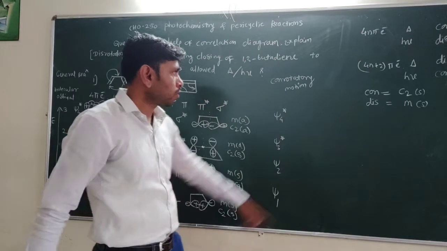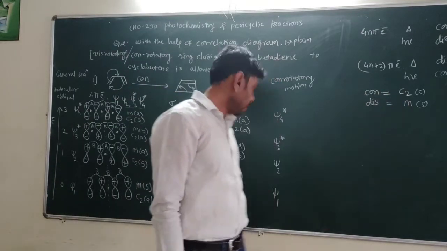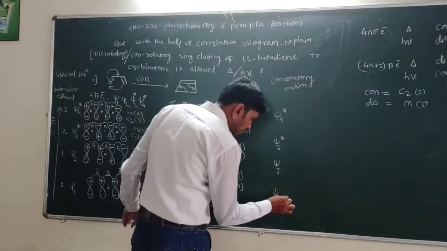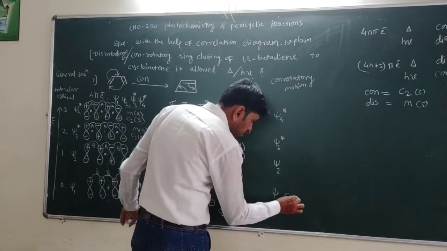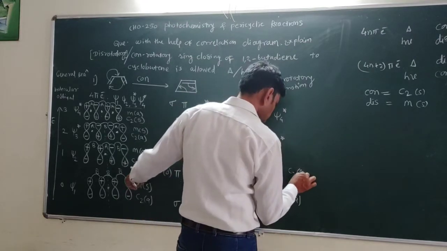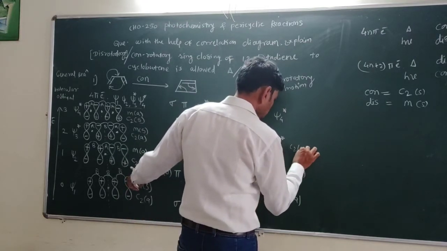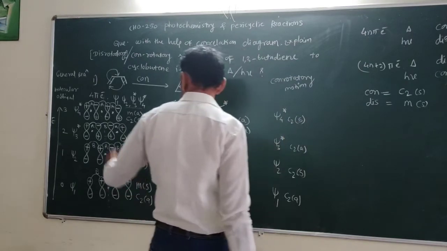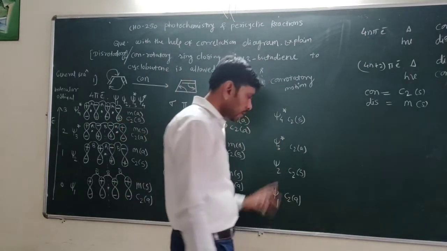We have to consider only C2 symmetry. So see here, C2 symmetry for the reactant orbitals: C2 asymmetry, here C2 symmetry, here C2 asymmetry, C2 symmetry.